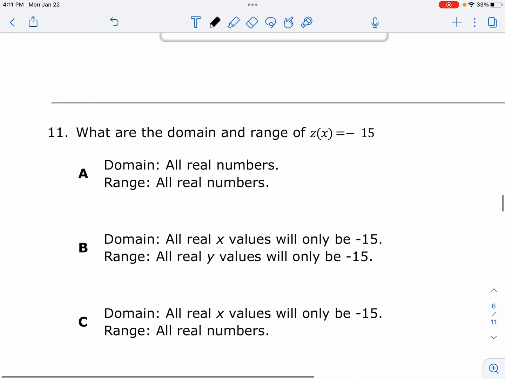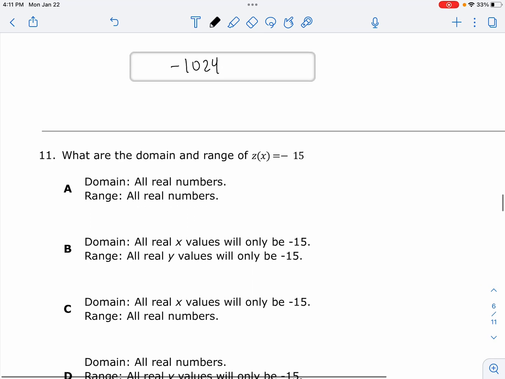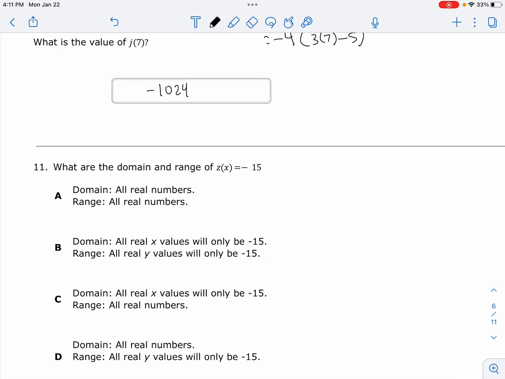Okay. What are the domain and range of z of x is negative 15? Ladies and gentlemen, that's the same thing as saying y. That's not saying x is negative 15. That's the same thing as saying y is equal to negative 15.